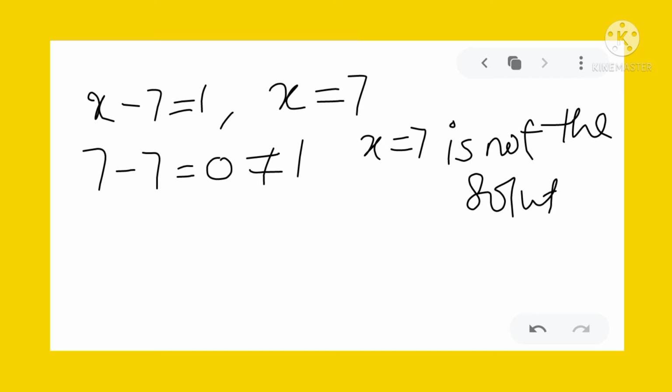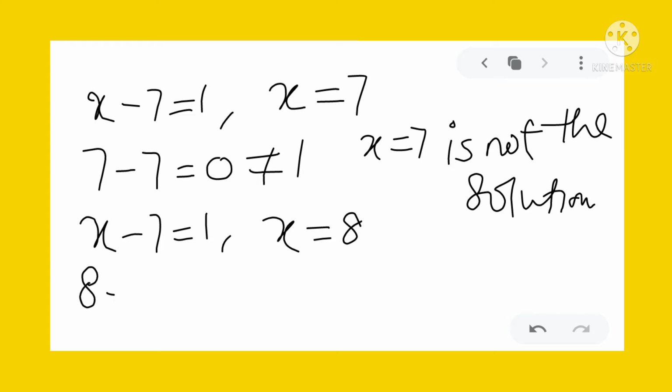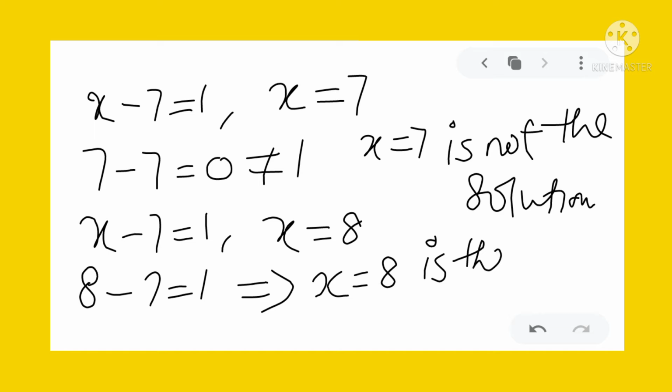Then next question, x minus 7 equal to 1 where x equal to 8. When we substitute x equal to 8, 8 minus 7 equal to 1. That means x equal to 8 is the solution of the equation.